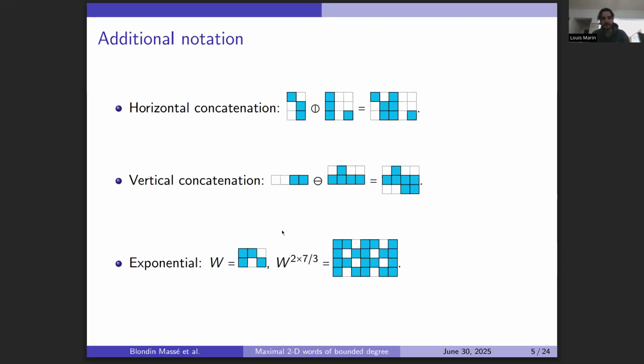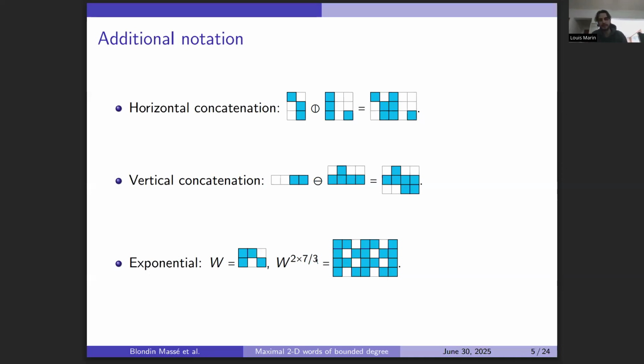And for exponentiation, we need to specify two parameters when we take the power of a word. The first parameter is its power vertically: how many times do you concatenate it vertically?